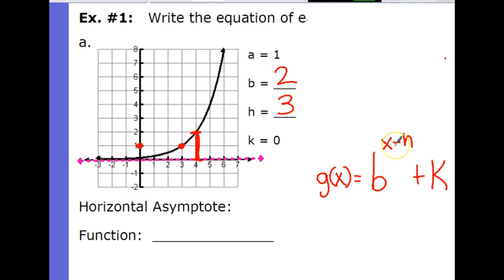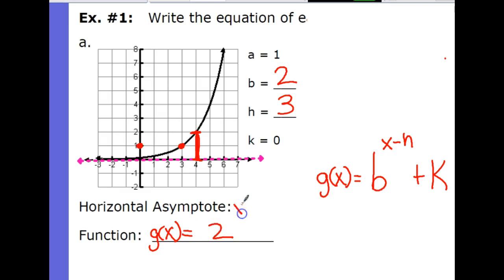A number up here with the x moves it left or right. A number added or subtracted down at the end moves it up or down. So this is the equation we're filling in for the function. You can put y equals, but we usually use g of x for the transform.